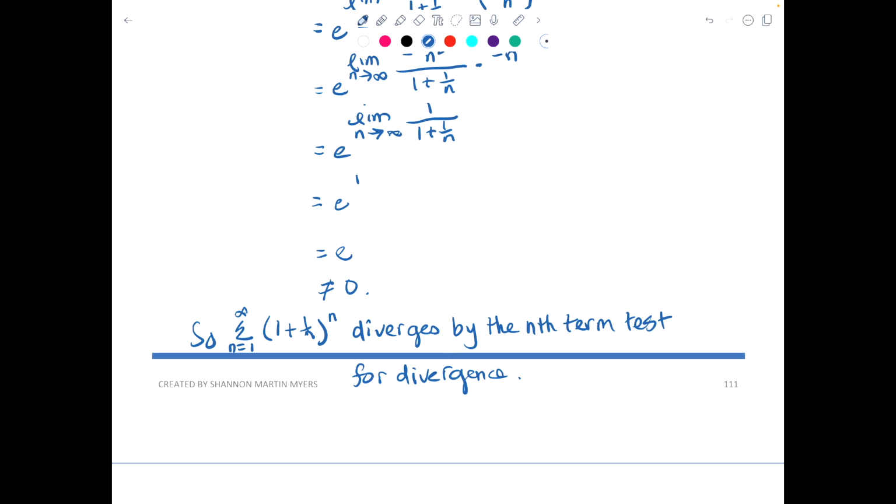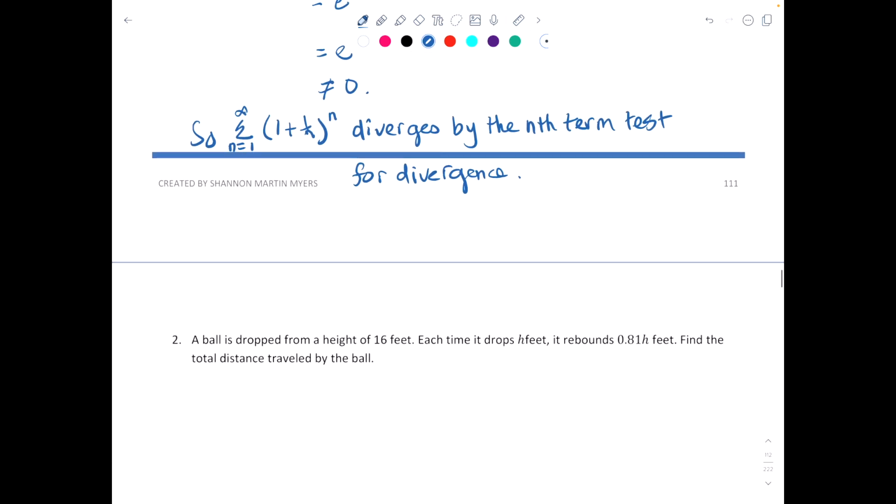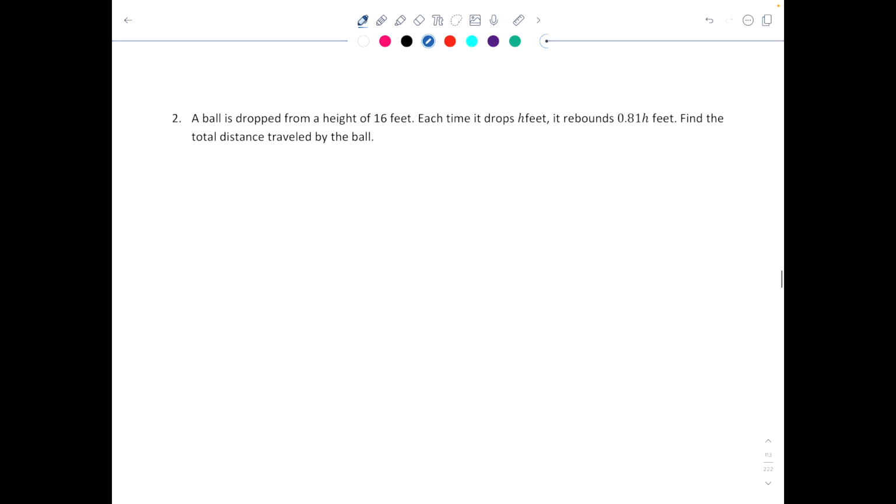All right, so now an application. A ball is dropped from a height of 16 feet. So let's say this is where the ball is dropped from, some platform or something. And then you have this little person holding the ball down here.